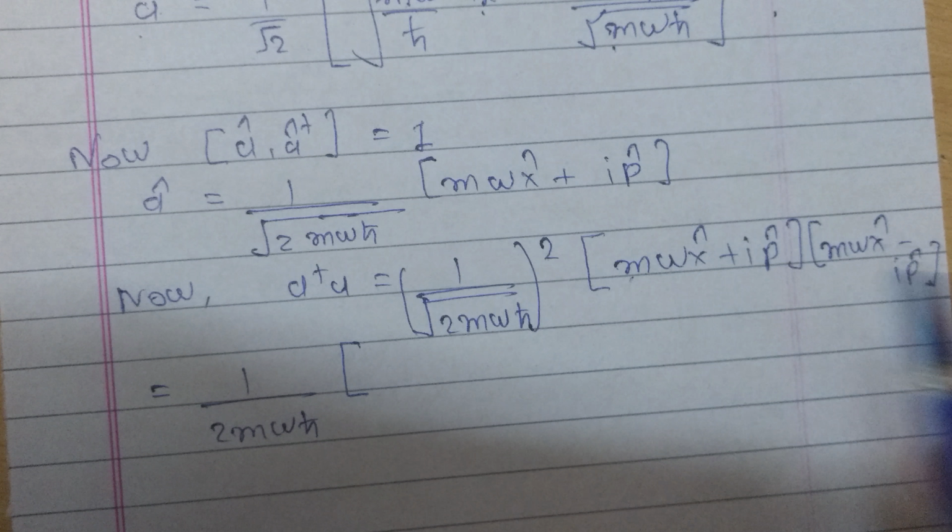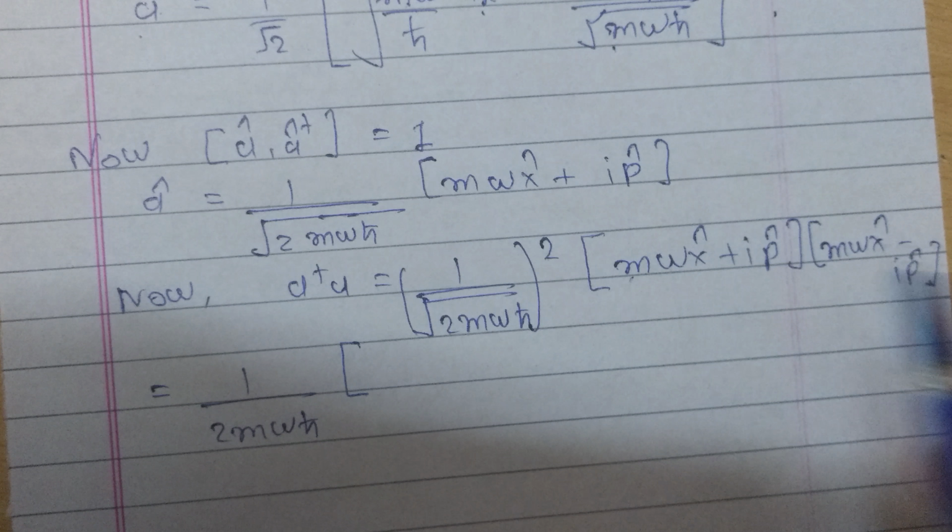Here x cap has dimensions of length and the square root of m omega by h cut has dimensions of inverse length. Similarly p cap has dimensions of momentum and this is the inverse of momentum. So in short, this operator has no dimensions.